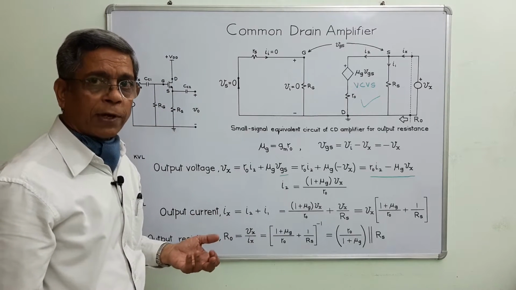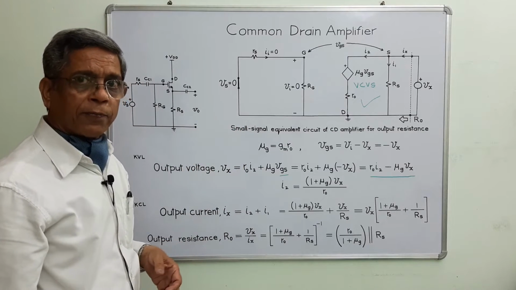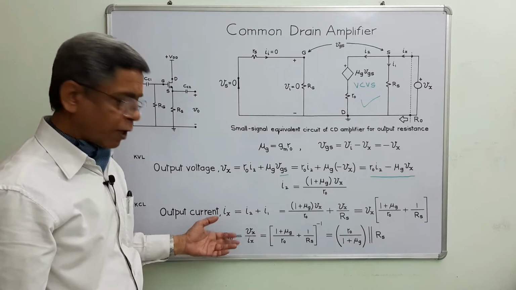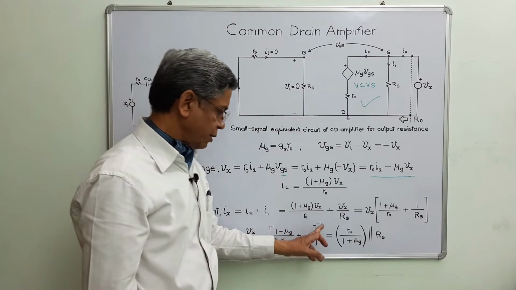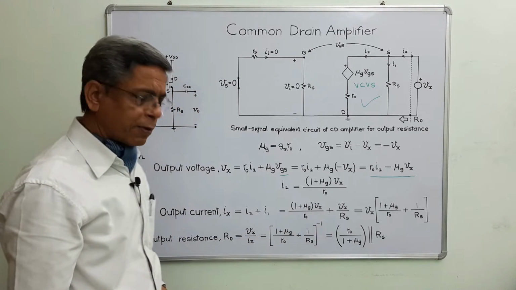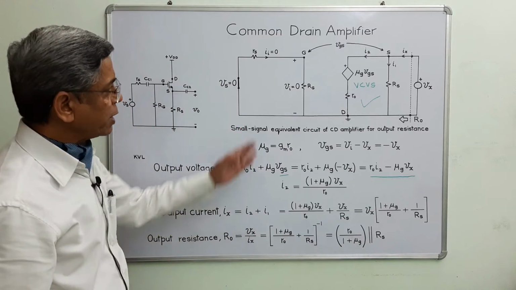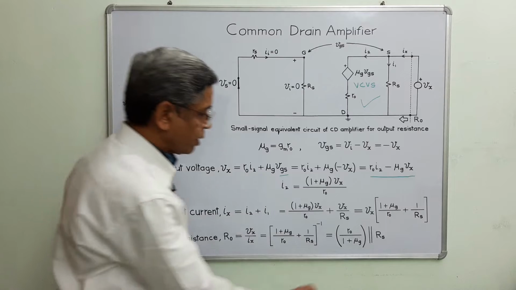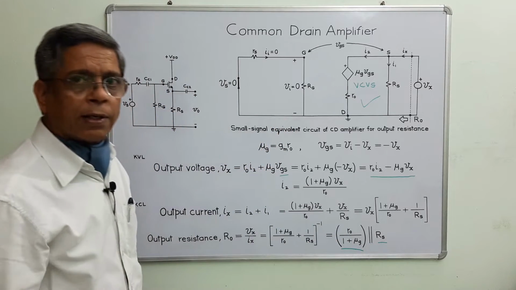Now we are in a position to define output resistance R0 of this common drain amplifier, which is the ratio of output voltage to the output current. And this is the expression, there is a minus 1 power. In fact, the output resistance of common drain amplifier is a combination of 2 resistances in parallel.